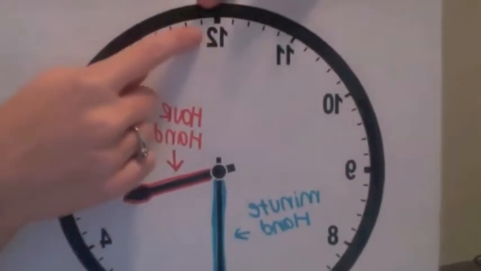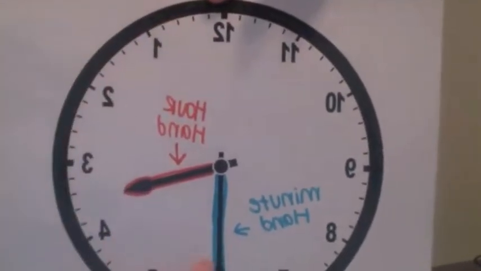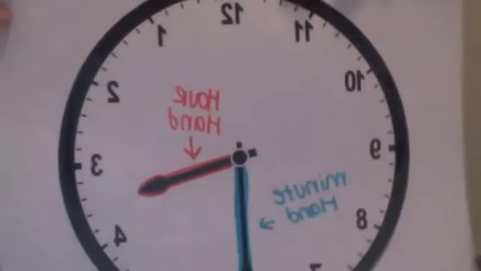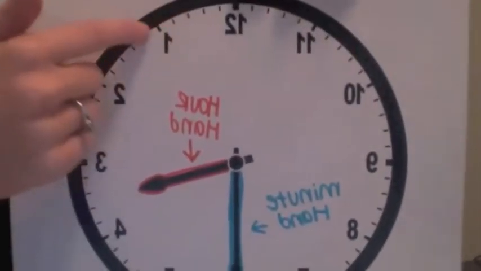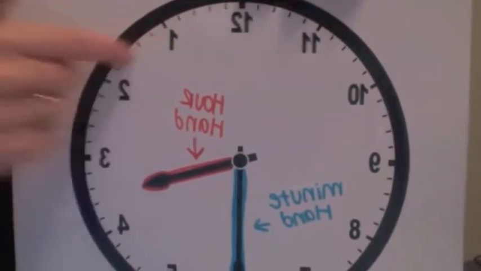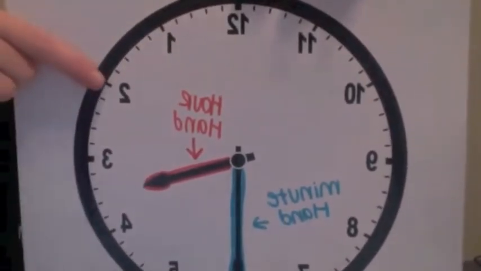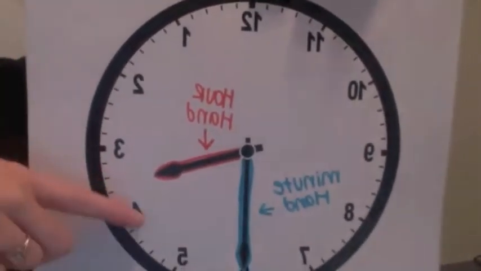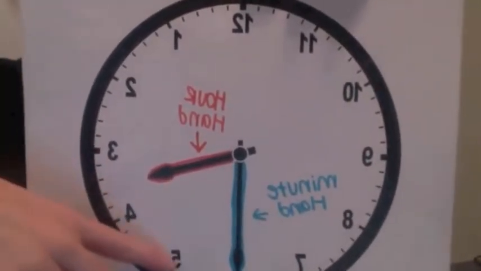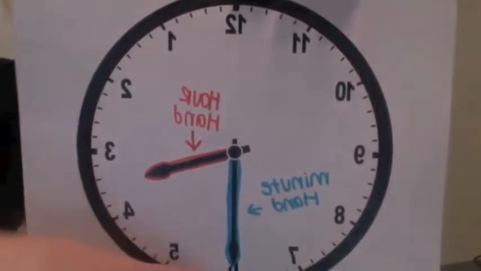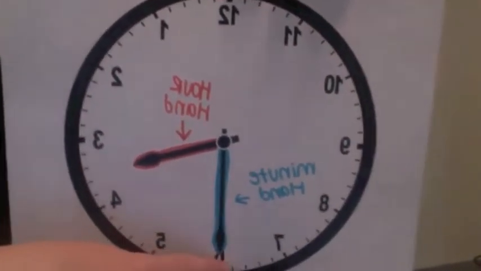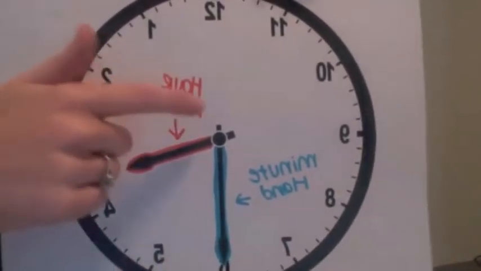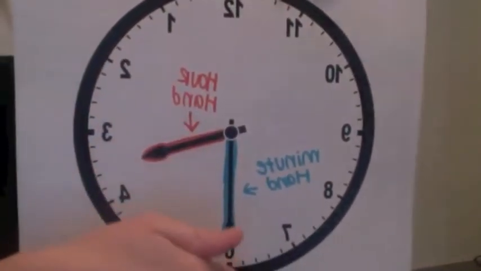We can either count all of these ticks until we get to the 6, or you can use the trick that I showed you guys, that every time we hit the 1, that's 5, the 2, that's 10, the 3, that's 15, the 4 is 20, 25 is the 5, so that makes the 6 30. So we're at 30 minutes because the long hand is all the way at the 6.